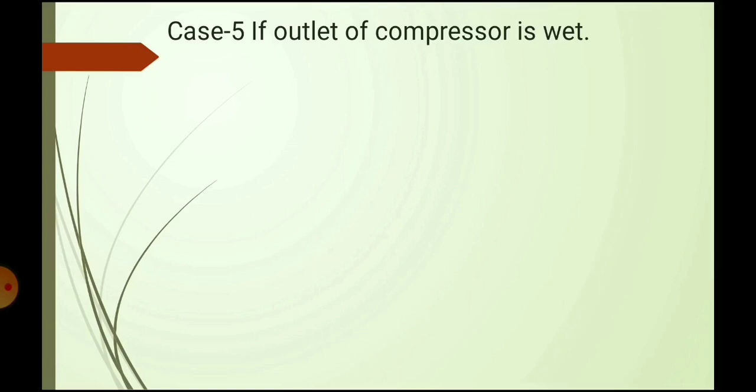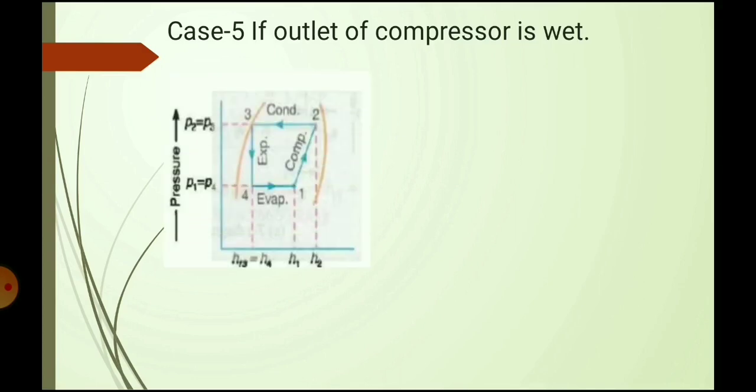Outlet of compression means point 2. That means point 2 is in the wet region, that is, between the saturated liquid line and the saturated vapor line.